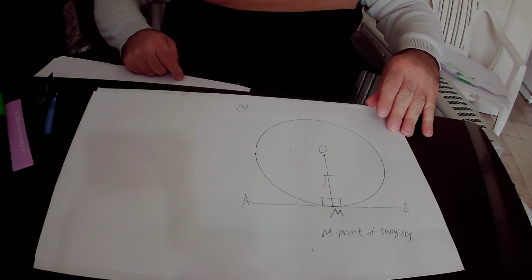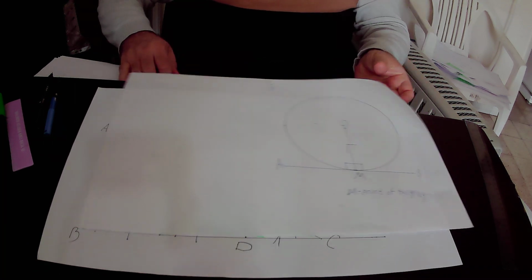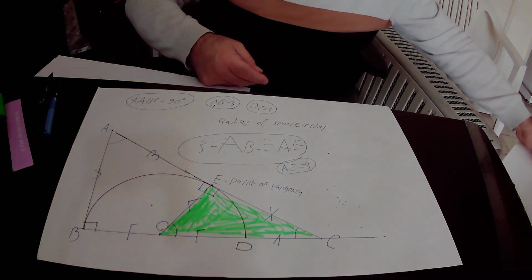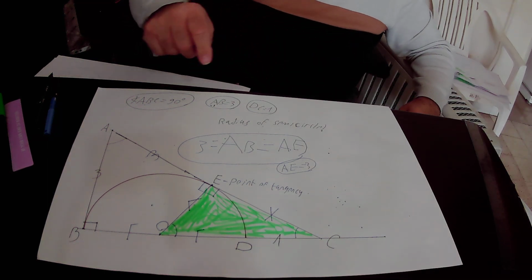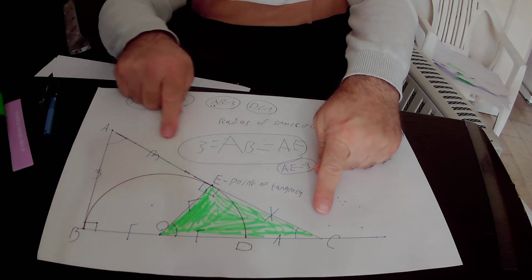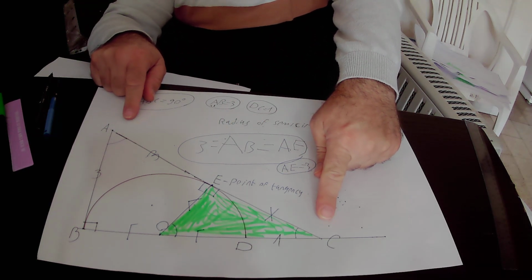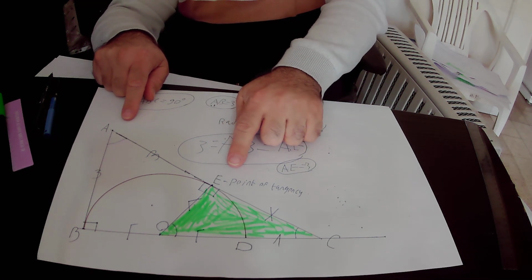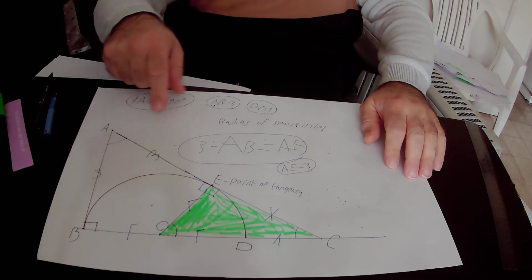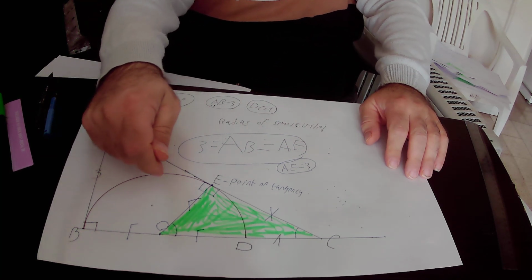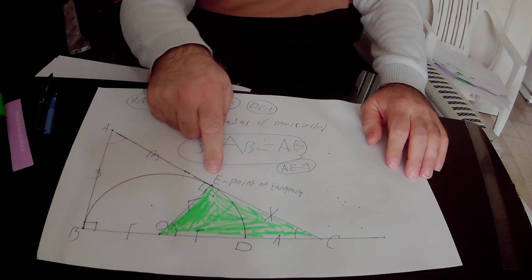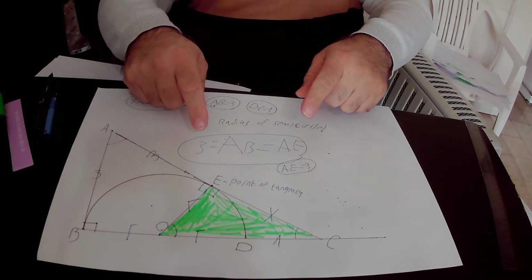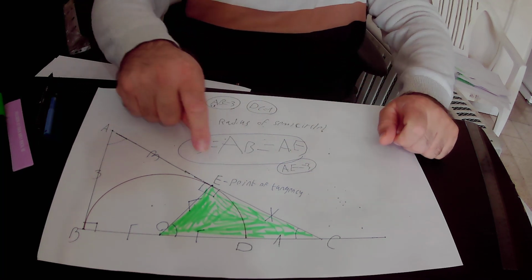Okay, so we actually implemented rule number 2 in our drawing, because in our drawing tangent AC is tangent to the semicircle at point E. Point E is the point of tangency, and we have the radius OE, which is drawn to point E. Therefore, according to rule number 2, the tangent AC will be perpendicular to this radius.